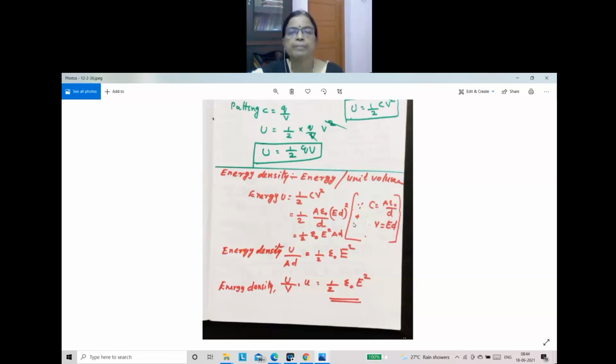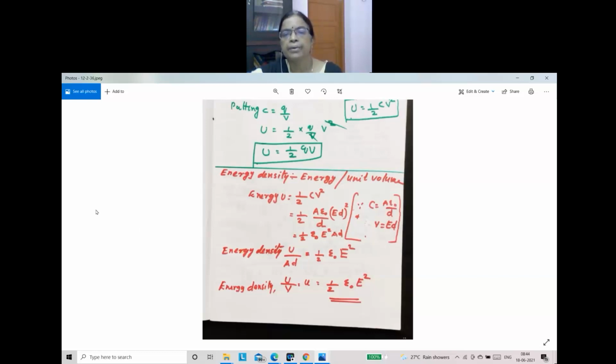One D gets cancelled. So half epsilon 0 E square into A into D. For a capacitor, children, what is A into D?